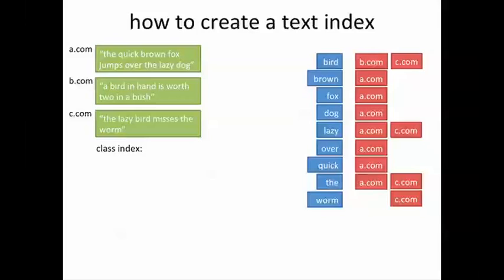So we'll create a class index, which is going to be the data structure index that we're going to create, which will have a function create, which given a list of documents D, will essentially populate our index in this manner.